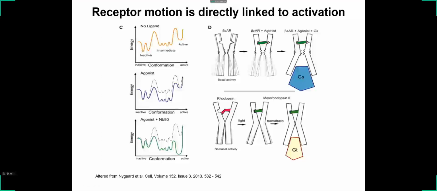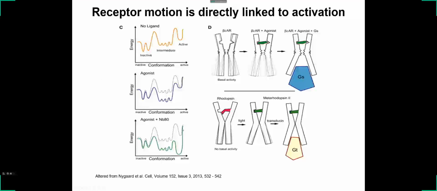Well, the cell does this with the receptor by adding G proteins. So if you add a G protein, which is this MB80, and you add a hormone or a drug, you move this active state lower. So now the lowest energy state is the active conformation. And that is because we have the hormone and our G protein.